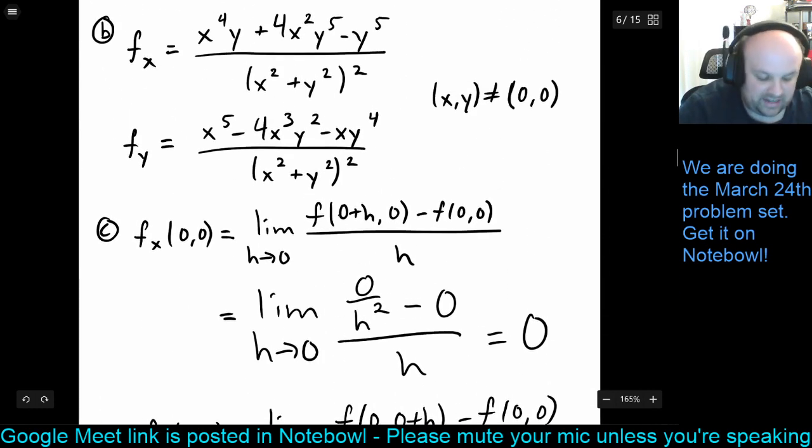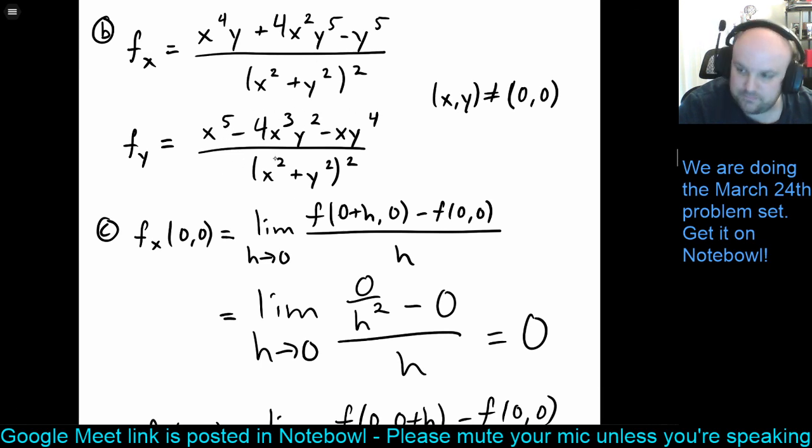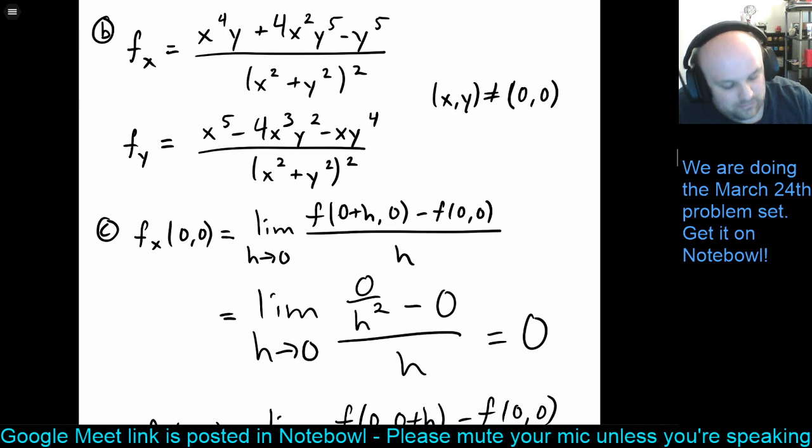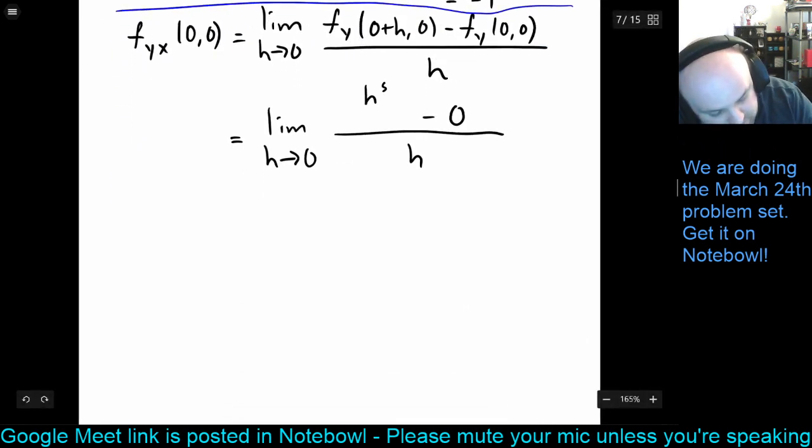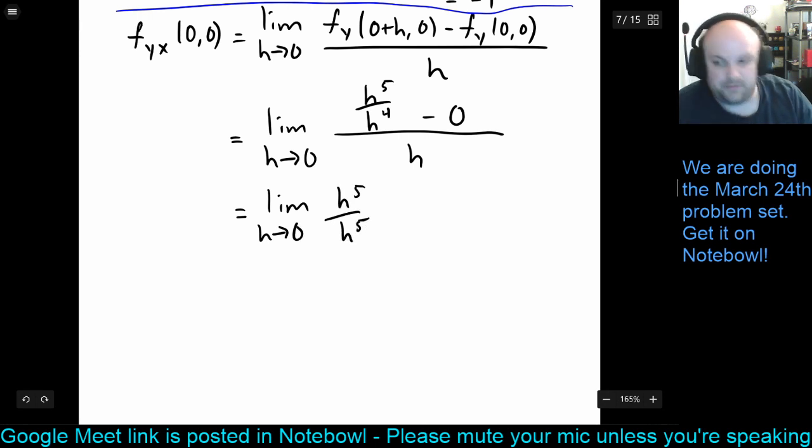So now we're plugging (h, 0) into this function. When we do that, all the stuff with y's goes away up top, and we're just left with x to the 5th, and we're going to get an h to the 4th out of the bottom there. And so we're going to have h to the 5th over h to the 4th. But this limit this time is actually h to the 5th over h to the 5th when we simplify that. And so we're going to get 1.